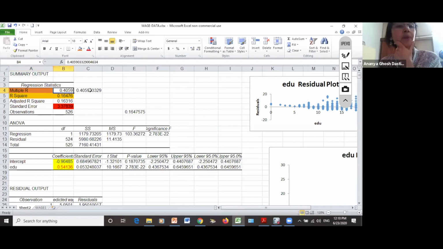Now, as I told you, multiple R is nothing but the correlation between Y and Y hat, right? And you can see that from the following little exercise that I've done, and I recommend you also do it when you're practicing. Remember, the R squared is the squared correlation between Y and Y hat. I showed you that.